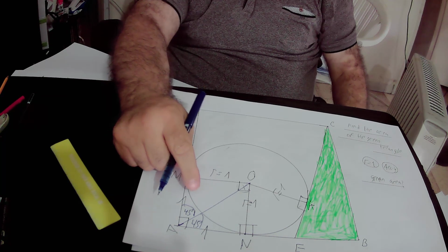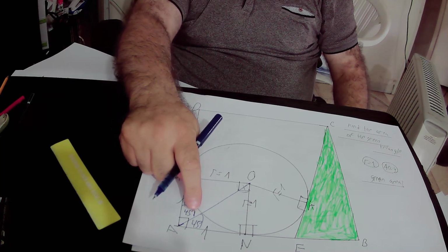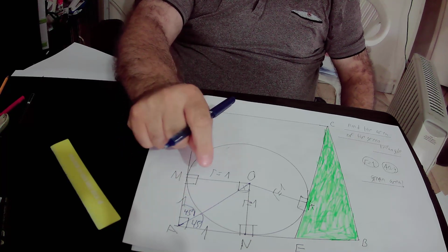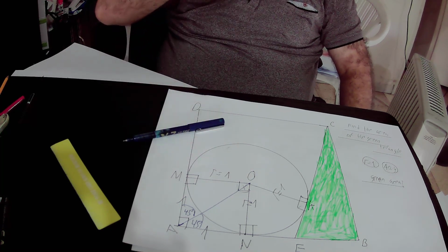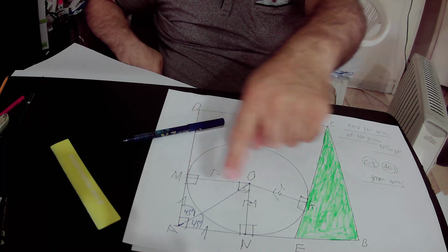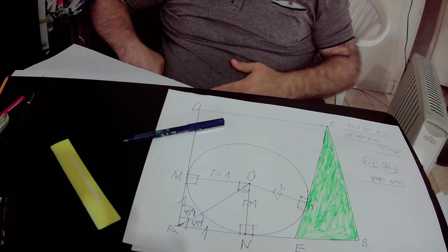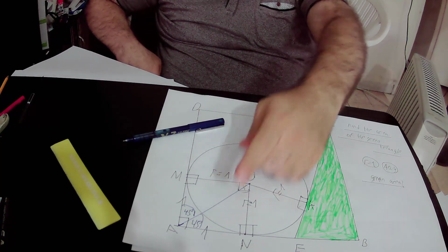But we can also relate to this angle that equals 45 degrees as angle OAB. It doesn't matter at all if you relate to it as angle OAN or angle OAB, it will remain 45 degrees.